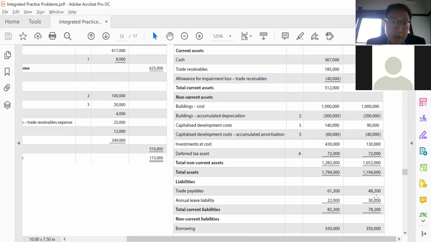So when we have annual leave expense, what is going to be the journal entry? The journal entry is going to be debit annual leave expense, and then credit annual leave liability, 4,000. So this credit amount, which is 30,000, is going to go up by 4,000 to 34,000.